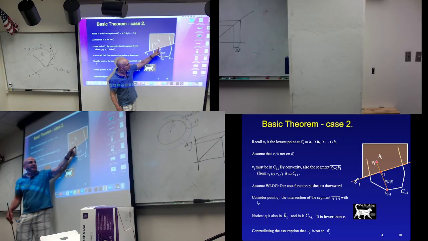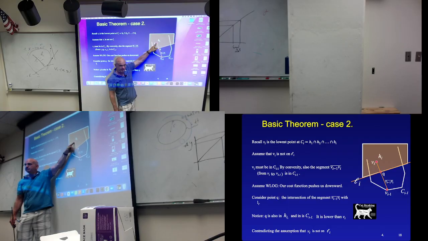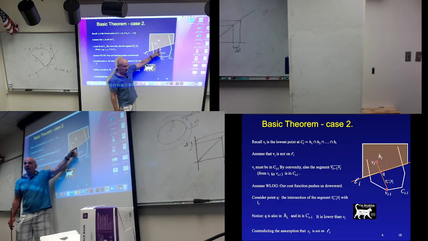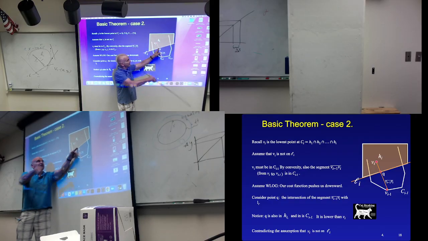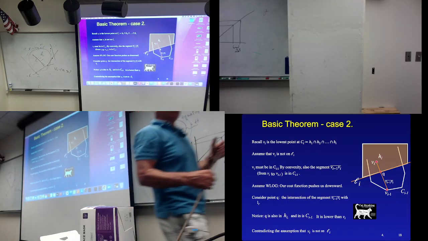Walking along this segment, there is a point which satisfies everything and is better than Vi. Conclusion: Q, a point which is on Li, is better than the point that floats somewhere in the interior of Hi.